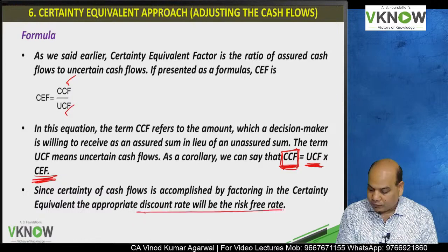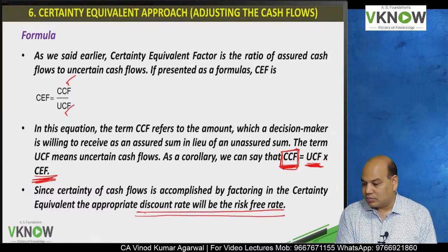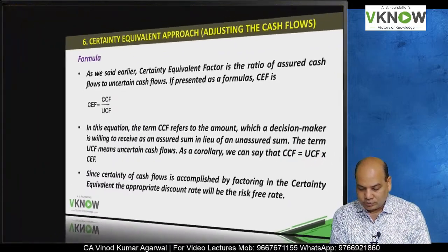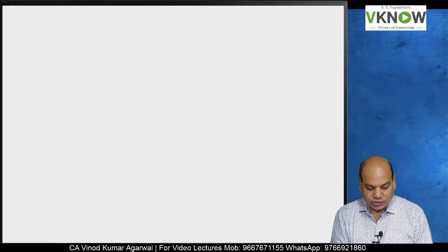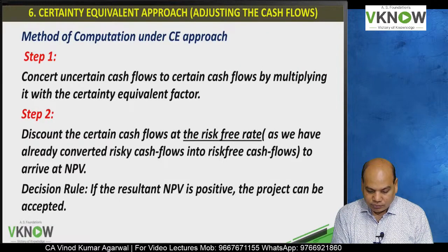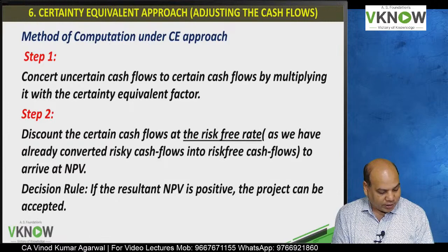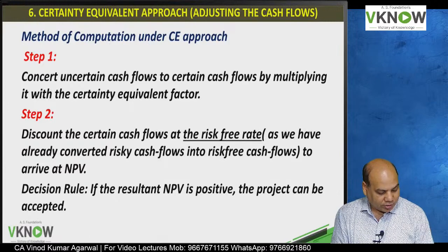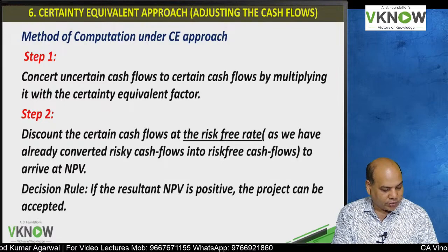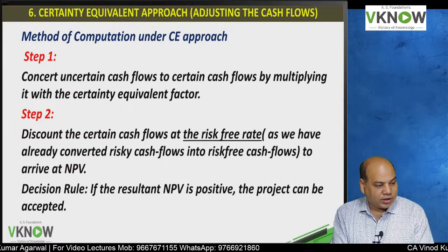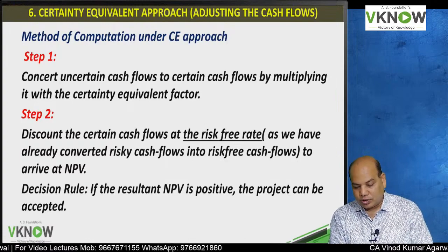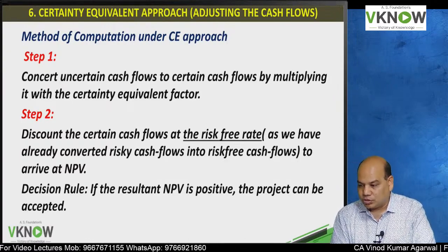For the purpose of computing present value, we will apply risk-free discount rate, because cash flow is risk-free, discount rate will be risk-free. Now come to the story I have explained. There is one story of a house which is to be sold for 6,20,000. Today you will read the story I have already explained. How to compute NPV under CC approach.